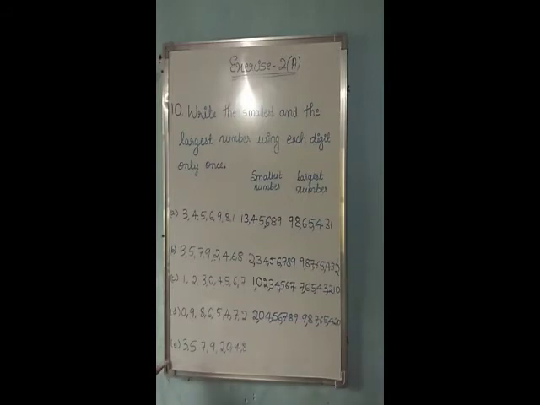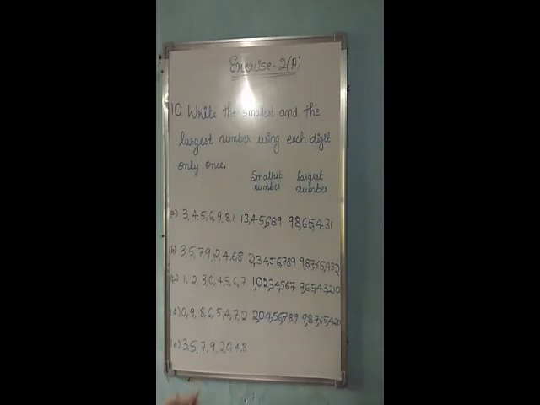Next, fifth. Here the given digits are 3, 5, 7, 9, 2, 0, 4 and 8. Here also we have to form the smallest number and the largest number. To get the smallest number, we arrange the given digits in ascending order, keeping in mind that we never write 0 in the extreme left position, because 0 at the extreme left position is meaningless.